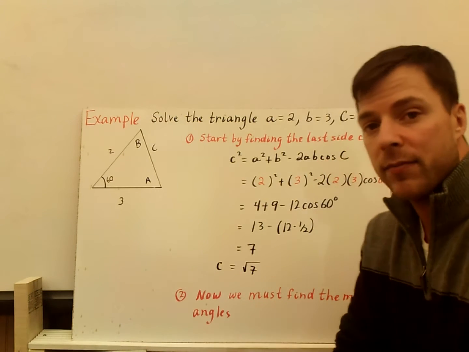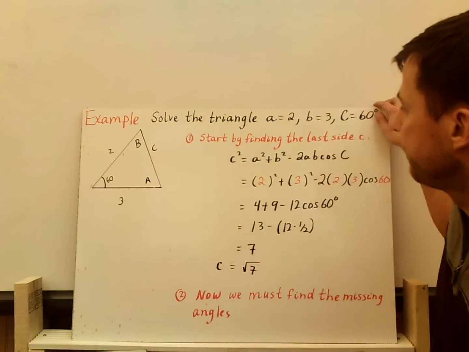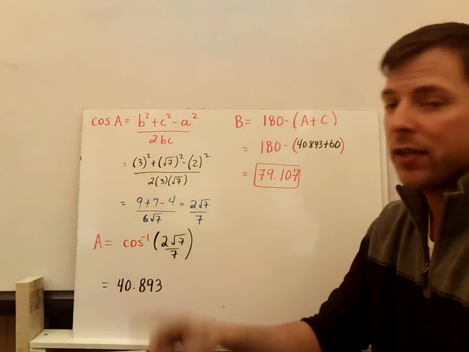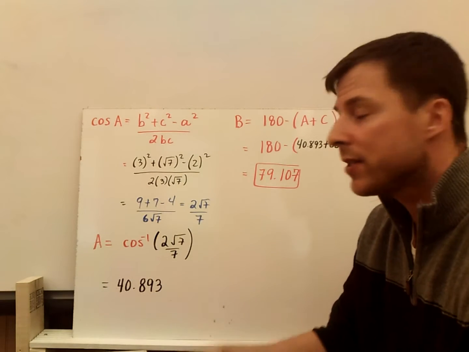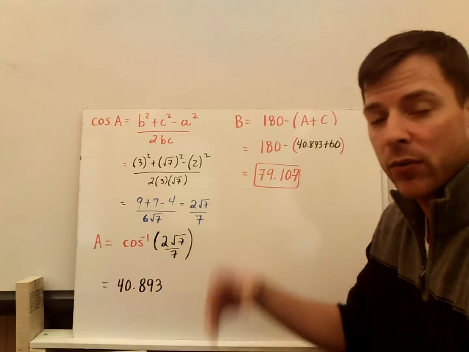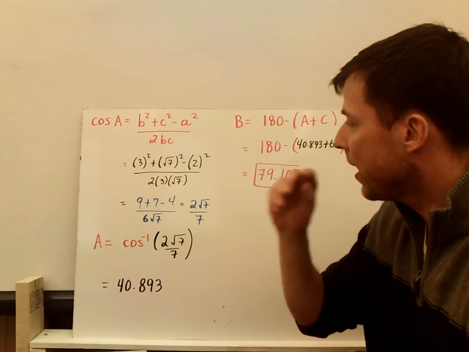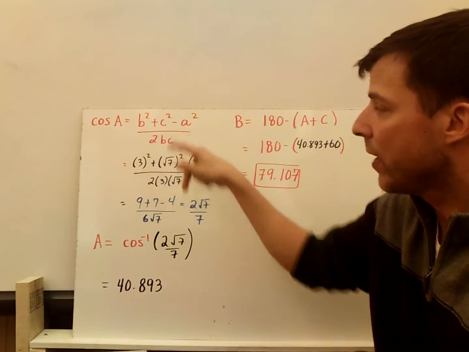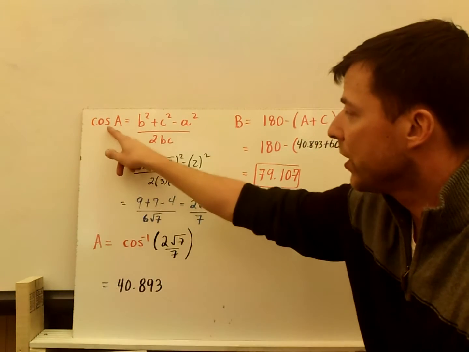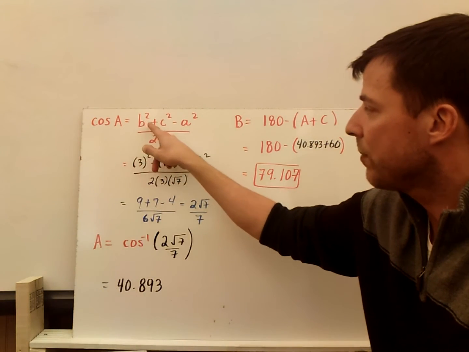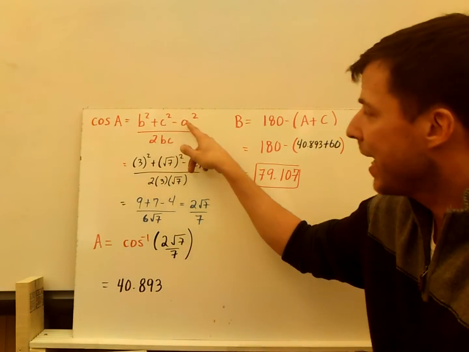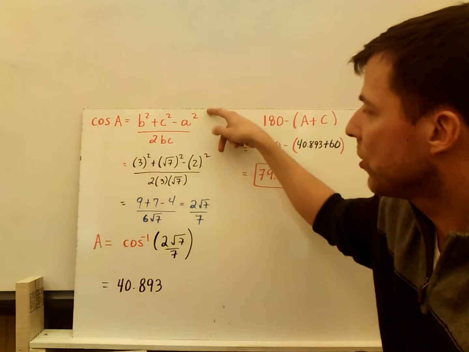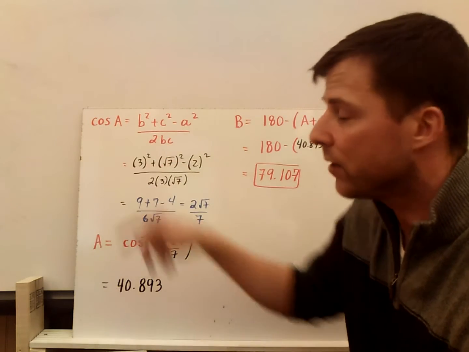So I found the final side. Now we're going to find the missing angles, and there are two of them. Fortunately, in this example, we only have to apply the Law of Cosines one more time, because for the final angle we can just subtract what we already know. I need to find angle A. I chose A because I know b, c, and a. So cosine of A equals b squared plus c squared minus a squared, all divided by 2bc. That's one of our alternative forms of the Law of Cosines for an angle.